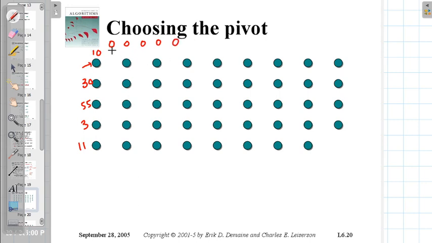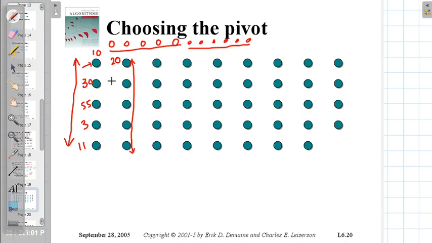And then the other 5 elements will be coming here, with some values, maybe 20, maybe 31, maybe 45, maybe 9, maybe 15.